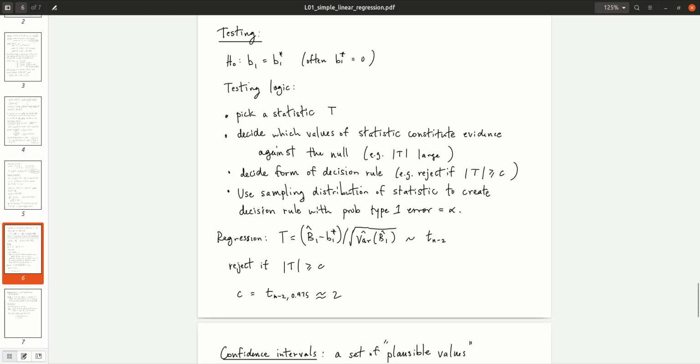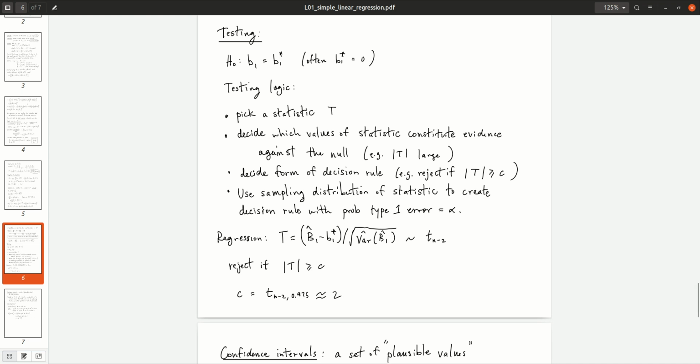Now, this is all random variable, so I'm plugging in a random variable version of b1 hat, random variable version of sigma squared down here, and so this thing has a probability distribution. And it turns out that the probability distribution is a t-distribution with n minus 2 degrees of freedom. This is one of the things that we'll study later in the course, of why it has a t-distribution.